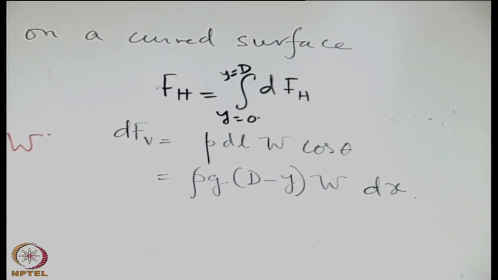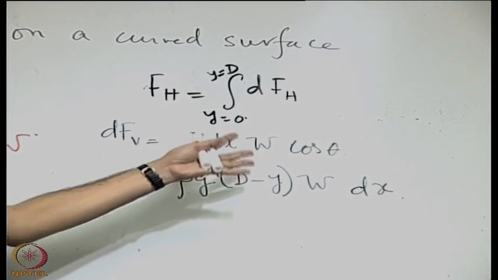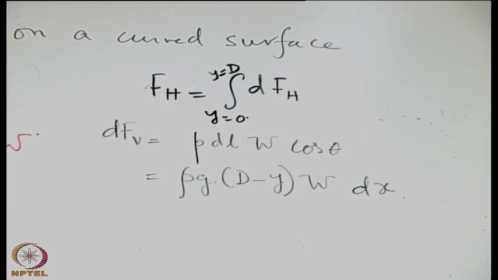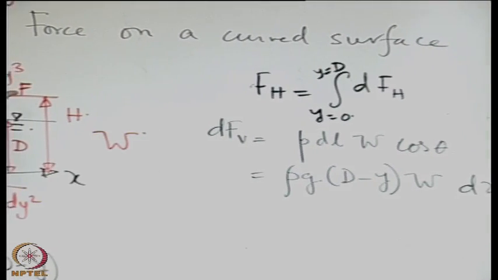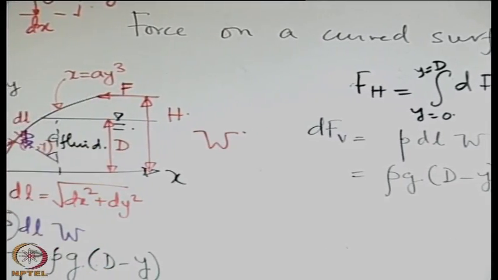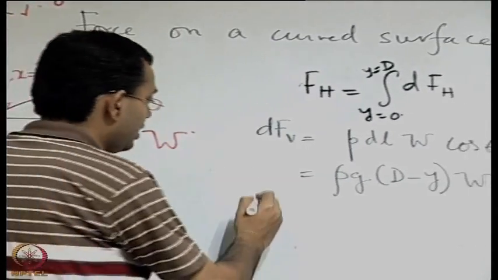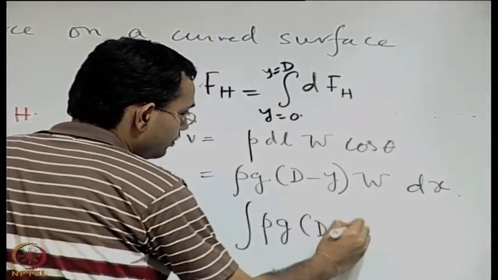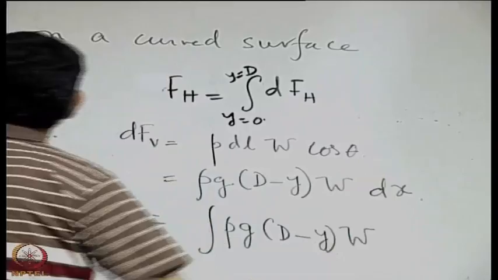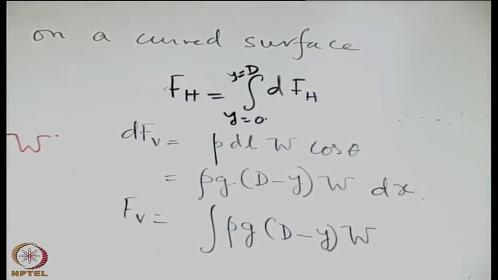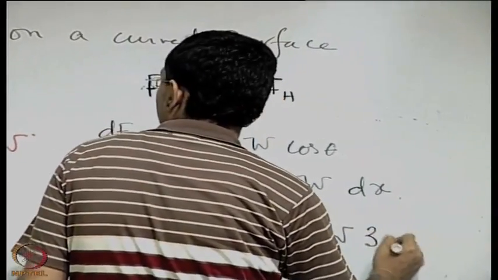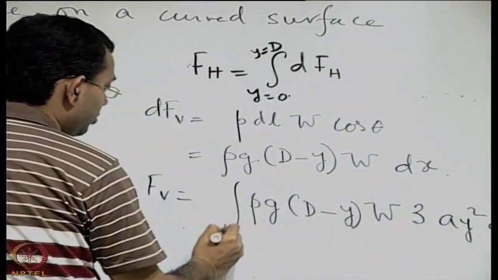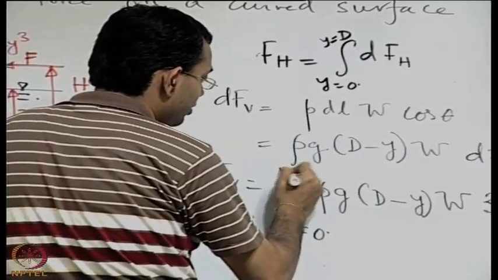So now you may express either x in terms of y or y in terms of x. The function is given, and if you integrate you will get the total vertical force. So Fv is, dx you can write as 3 a y square dy, and you can now take the limit from y equal to 0 to y equal to D.